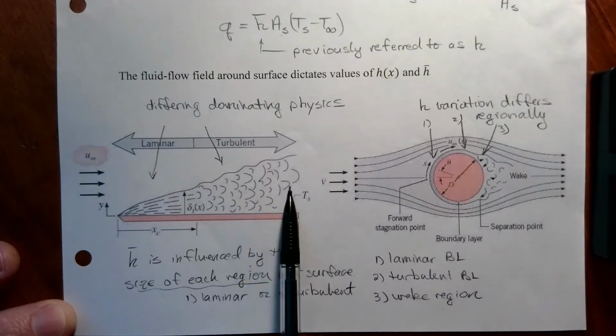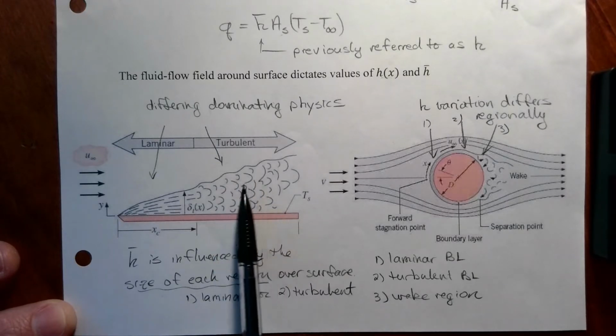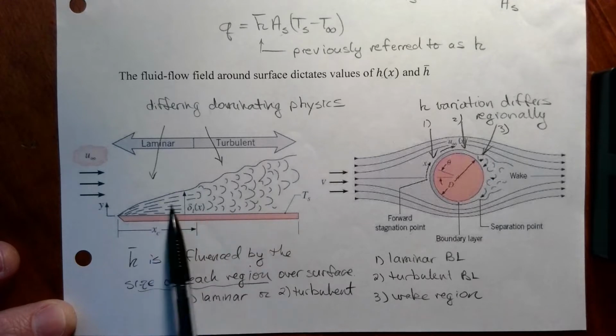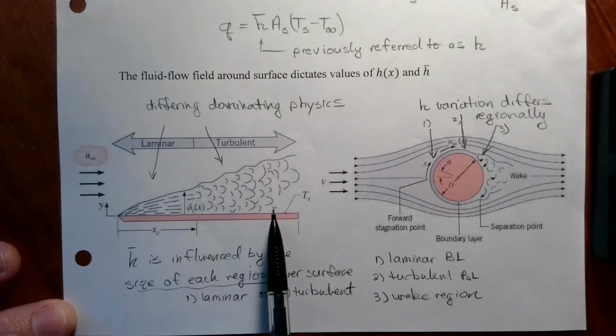On average it's still moving forward, but this is a turbulent region. So in this region, mixing of flow dominates over here, diffusion dominates, so there's different physics going on. H is drastically different between these two regions.